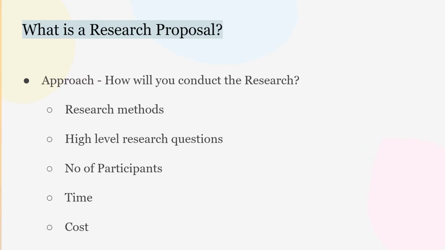And in the end, you also need to include your approach, or how you will conduct the research. Based on the research objectives, you will include your research methods. There are qualitative research methods, quantitative research methods, and within those, it can be user interviews, FGIs, concept testing, A/B testing.